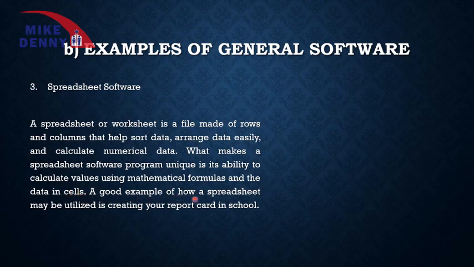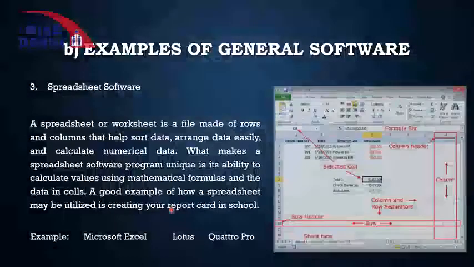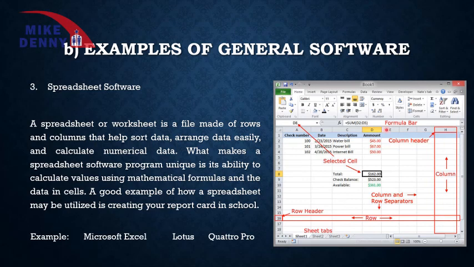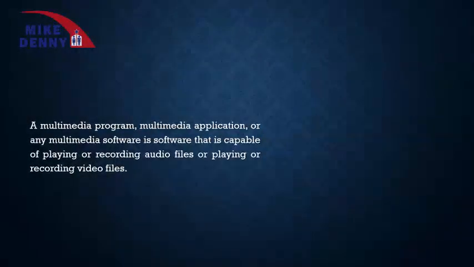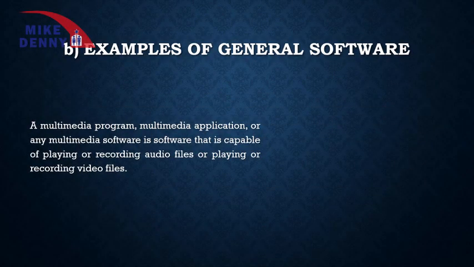A good example of how a spreadsheet may be utilized is creating your report card in school. We can use your data, your information, the different marks that you have in all the subjects, and we use them as a database to create your report card. So this is how we use a spreadsheet software. And you can see an example of spreadsheet software here. This is Microsoft Excel. You can have some other examples.